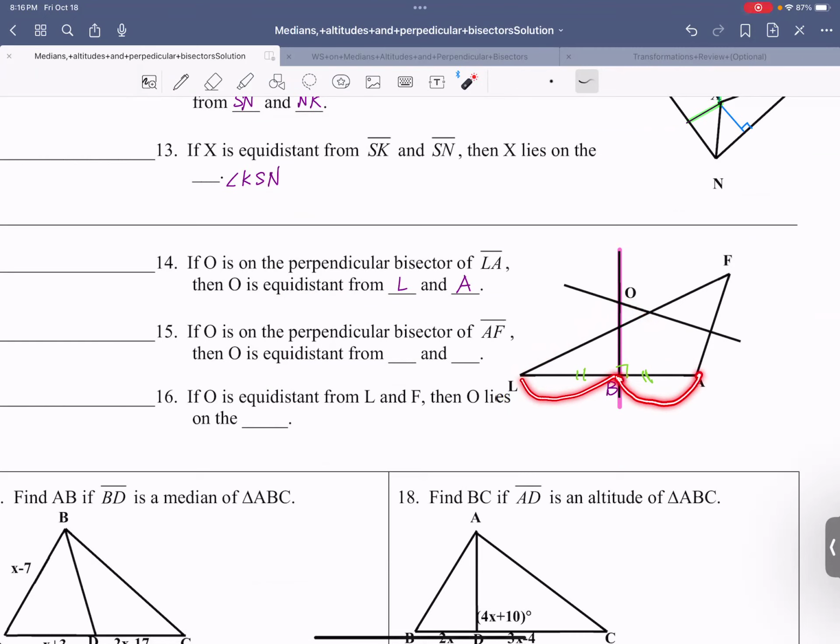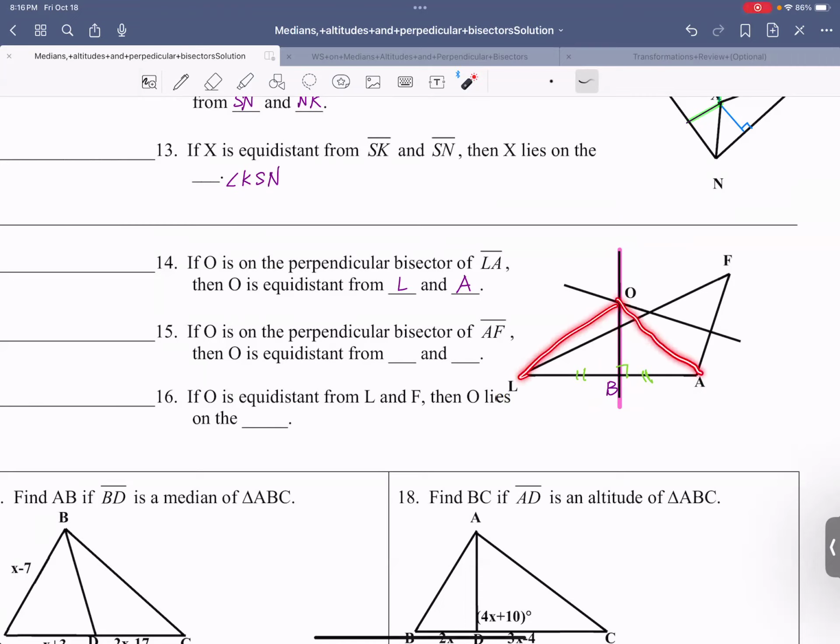Definition of bisector, okay? Keep going. Next. And then definition of perpendicular, OBA, OBL are right angles. Yes. Right angles are congruent. Good, very good. And then OB is equal to OB because of reflexive property. Yes, very good.